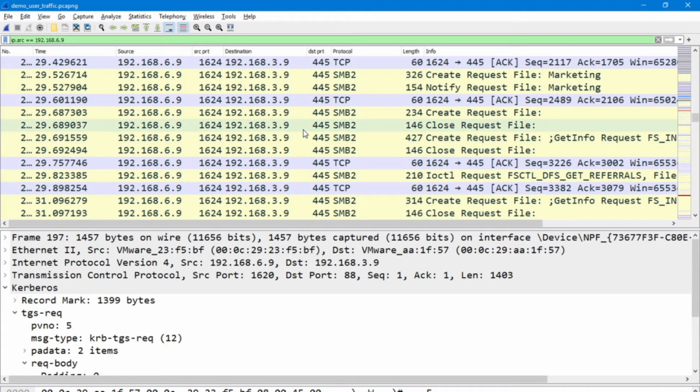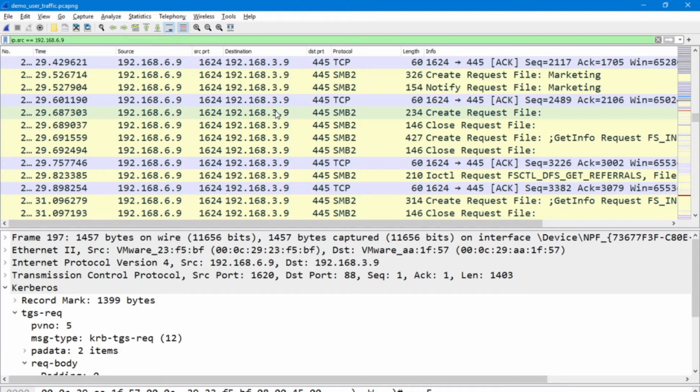Now, this is another important piece, because what that's telling me is that 3.9 has a high chance of having multiple services on this machine. Not only was 6.9 authenticating to 3.9, it is also accessing a file create request on this very machine, 3.9.